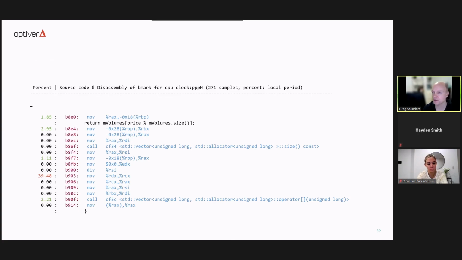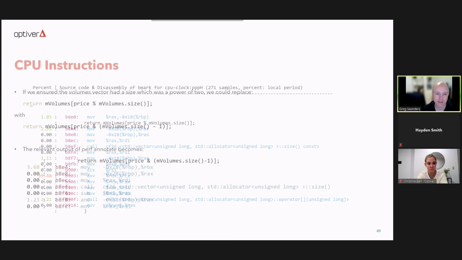So what could we do about that if we needed to optimize to an even greater extent than we already have?